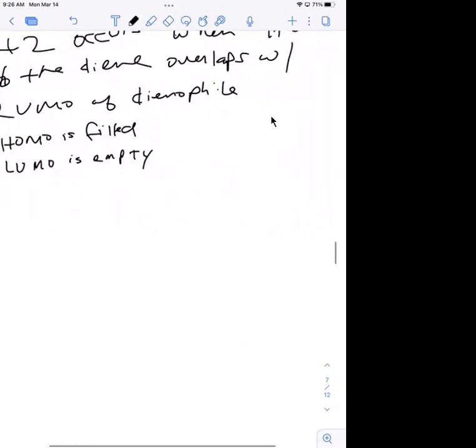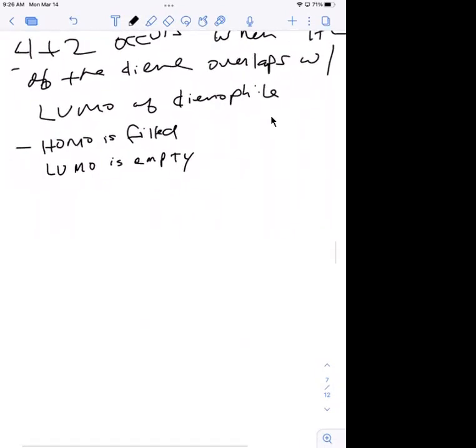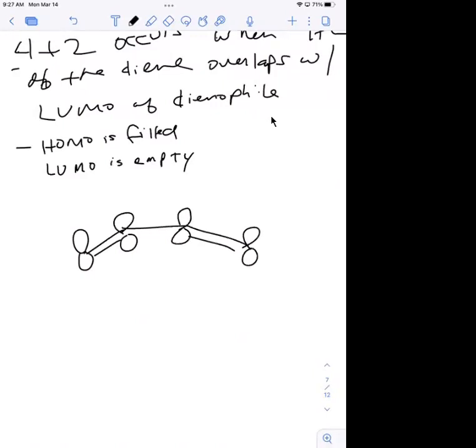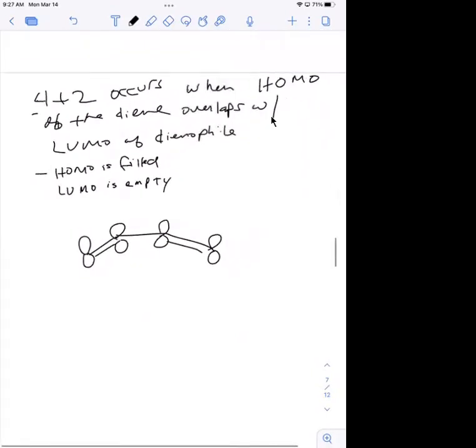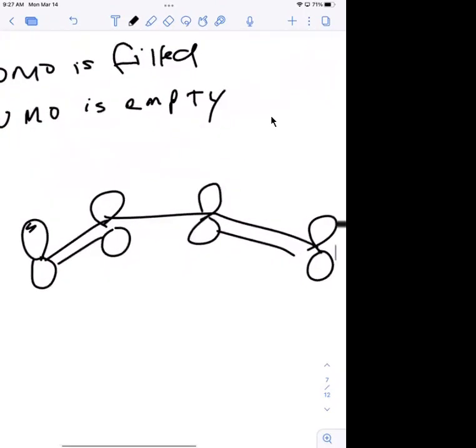We're going to talk about a couple of other pieces of information related to this idea as well. So we look at the HOMO and put the orbitals in. Again, the HOMO looks like this.